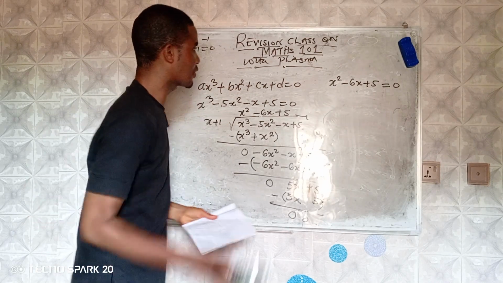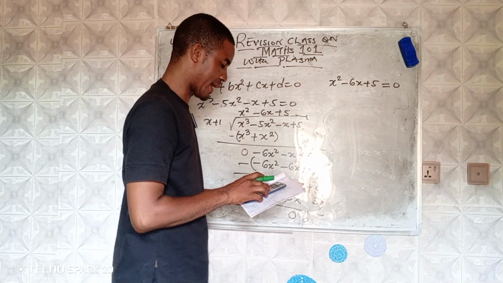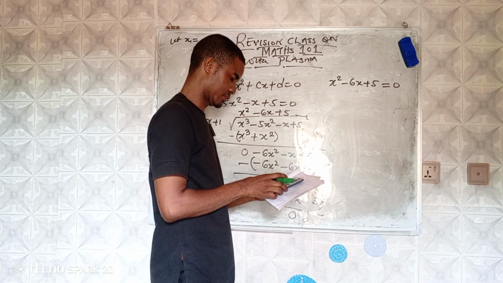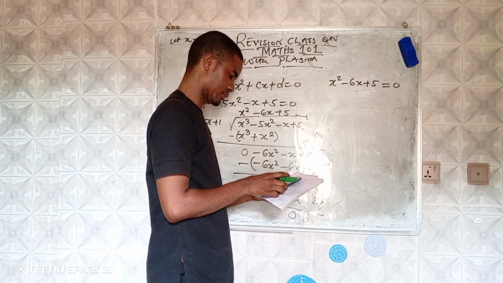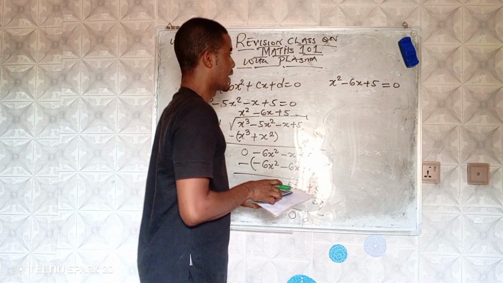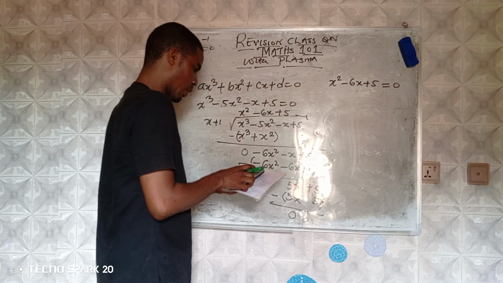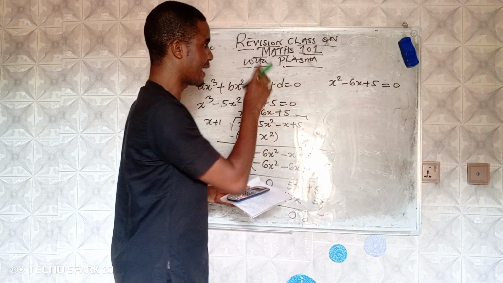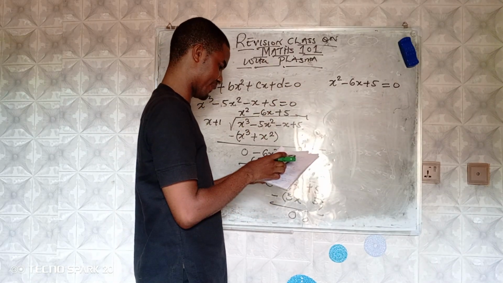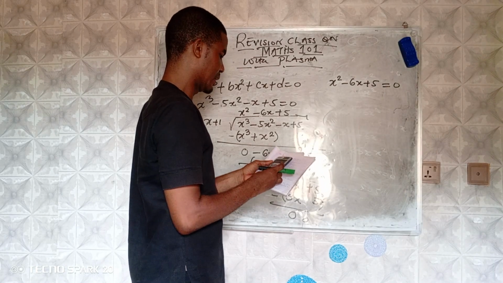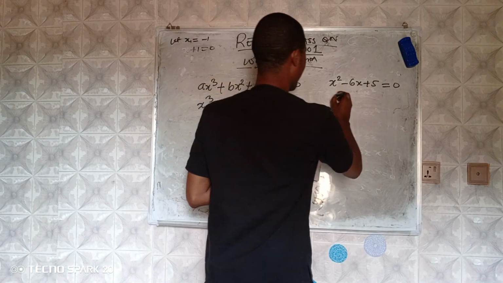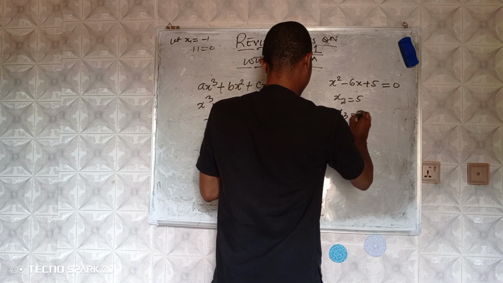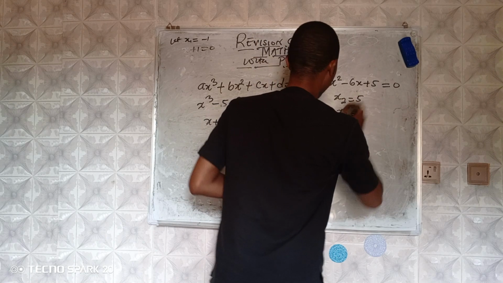So I will use my calculator to factorize this. Here I have my a is 1, my b is minus 6, my c is 5. In that case, I'm going to have my x2 to be 5 and x3 to be 1.